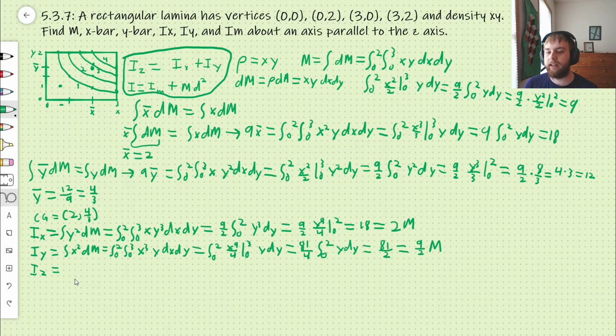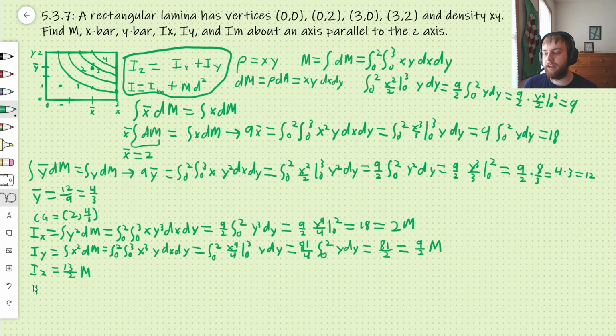So this means that we have Iz is equal to 13 halves m, because you add 4, all that. And then we get to use this other formula here. This is the parallel axis theorem. This is the moment of inertia around a parallel axis to the axis through the center of mass, and d is the distance between the two axes.